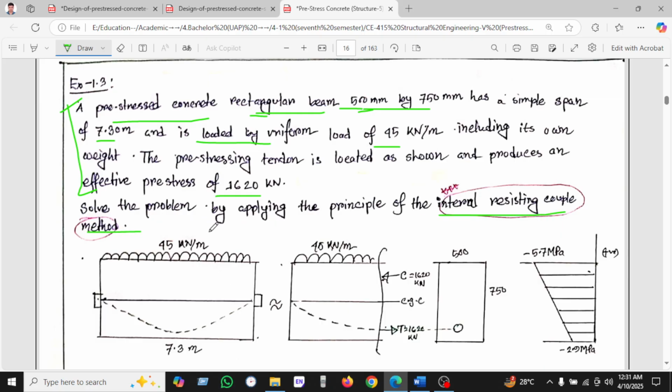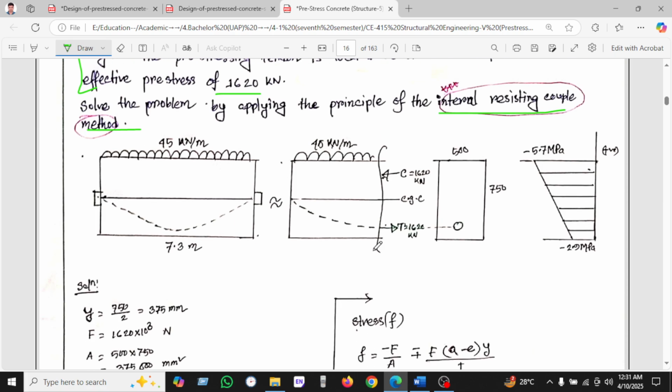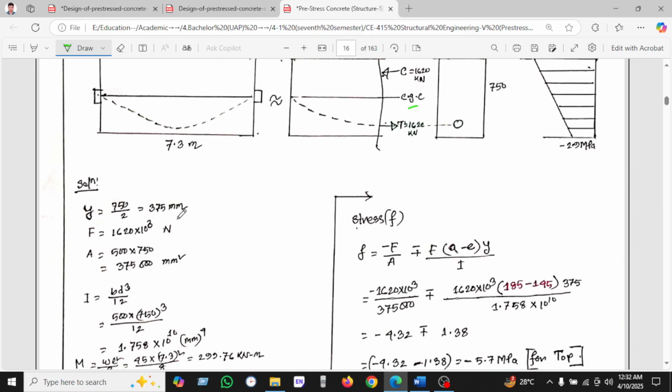So we'll be using the internal couple method. So let's see what will happen. All the data remain the same as usual. So we have seen the CGS is given 1620 and CG of the concrete is given. So let's start. Y equals T by Q and the force is given 1620 kilonewton.